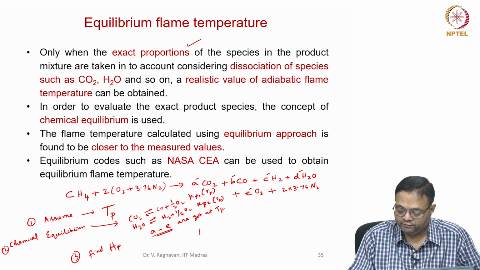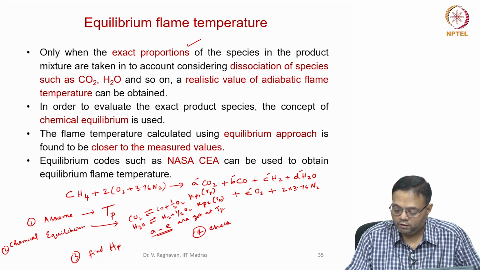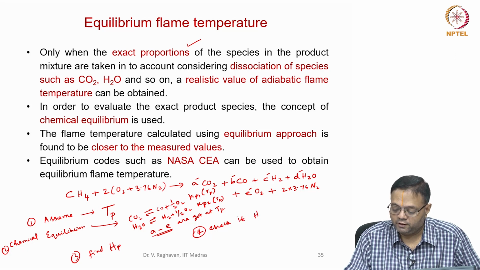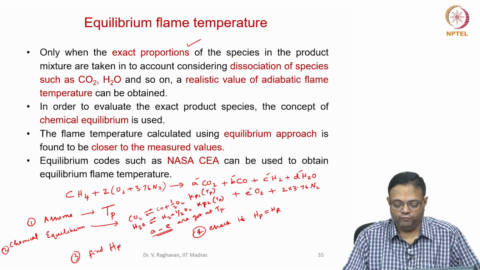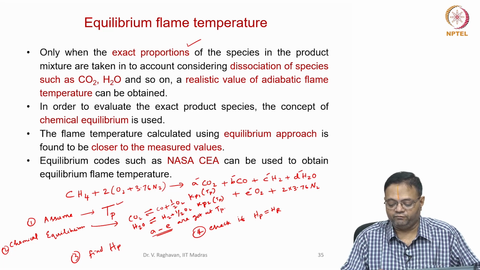Then the fourth step is to check if Hp is equal to Hr. If you are fortunate enough to guess the value of Tp, and Hp equals Hr, then fine.